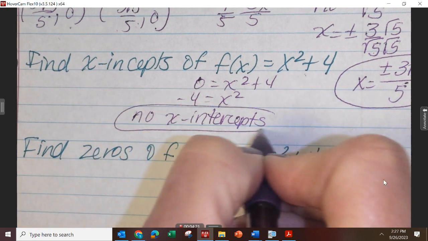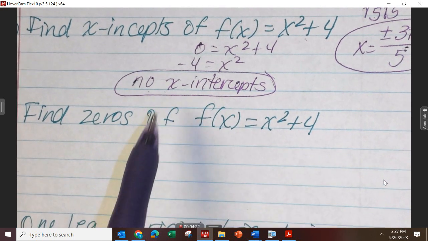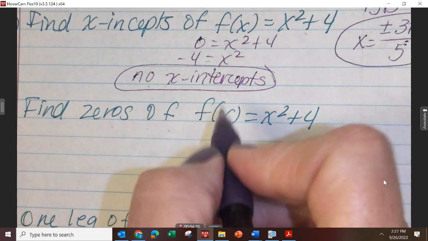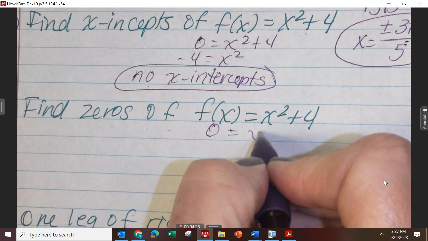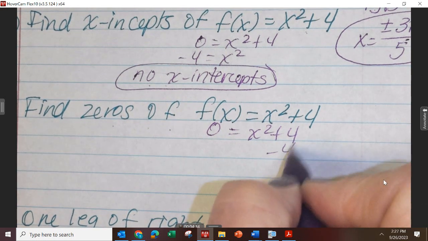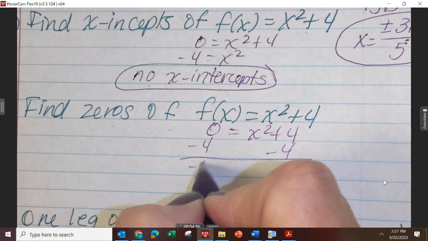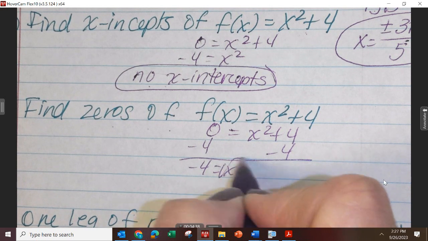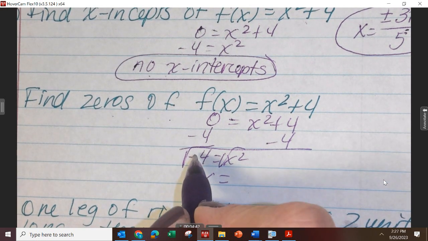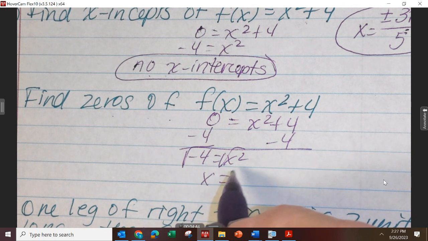Now, it's true there are no x-intercepts, but there still would be zeros. A zero is simply what makes the function equal 0. So when we were solving this just a minute ago, we got negative 4 equals x squared. And what does x equal? What's this simplify to, you guys?